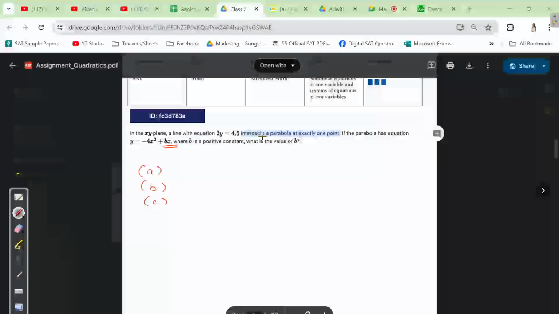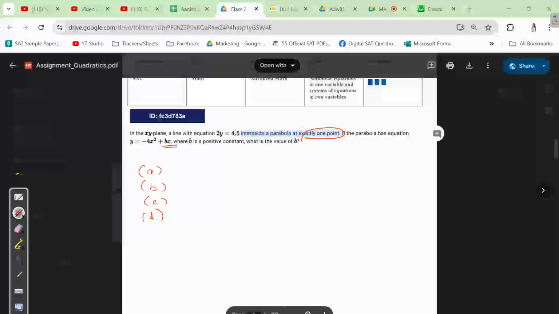So what is the relationship when your parabola intersects a line at exactly 1 point? Yeah, I was saying that if you had to solve it algebraically, then how would you solve it?